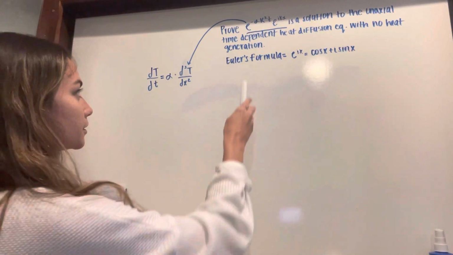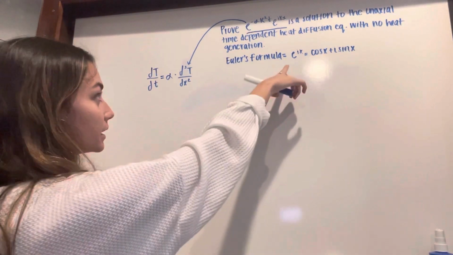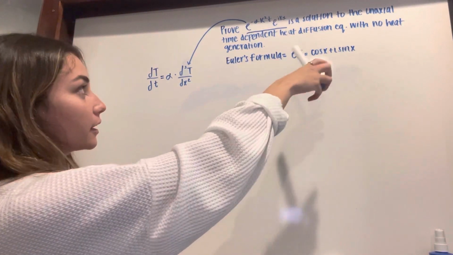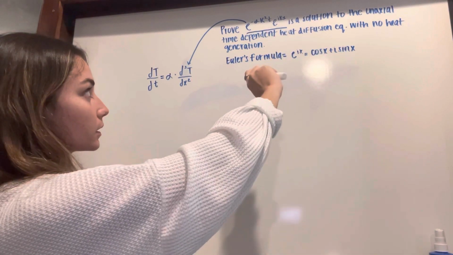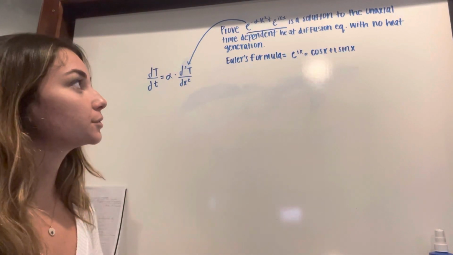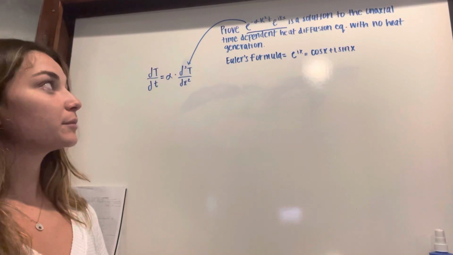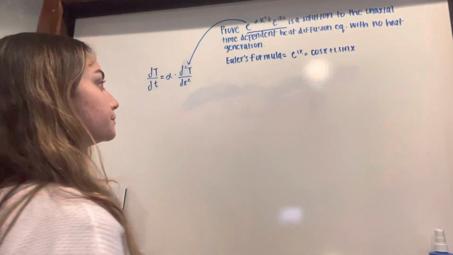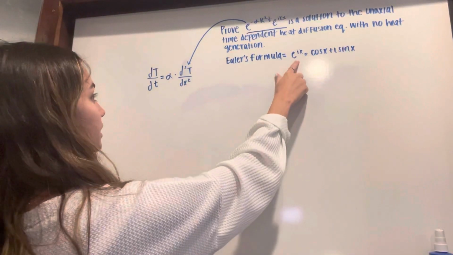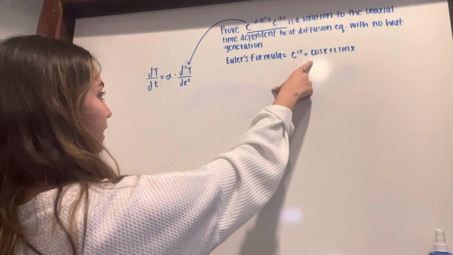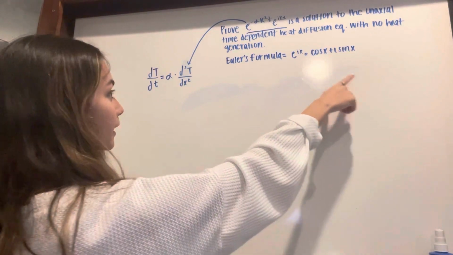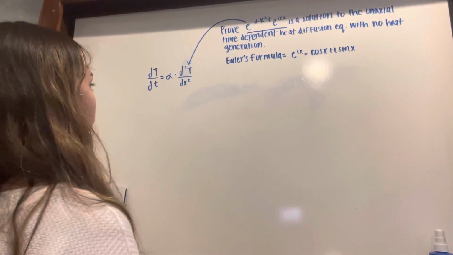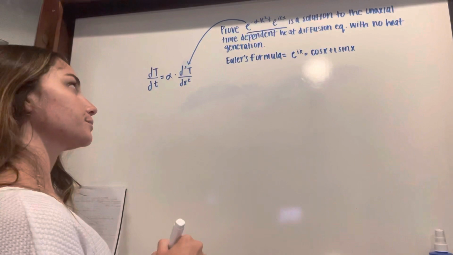We're going to refer to Euler's formula, e to the ix equals cosine x plus i times sine x, when proving our expression as a solution to the uniaxial time-dependent heat diffusion equation with no heat generation.